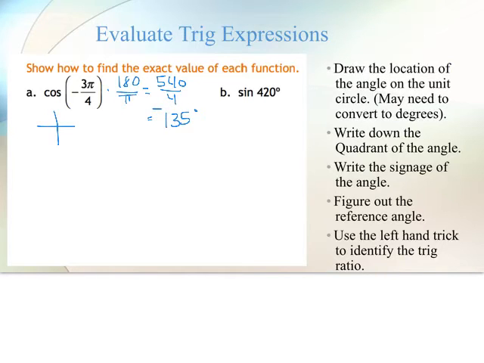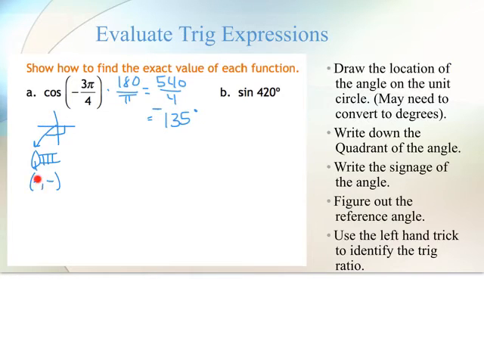So as I go clockwise, I'm hitting 90 degrees. I don't want to hit the negative 180. So there is my reference angle. My bad, the negative 135 degrees. And that's going to be in quadrant 3. So my signs that I'm going to be working with are negative, negative. And I only care about cosine.